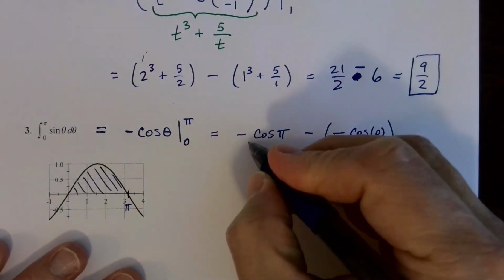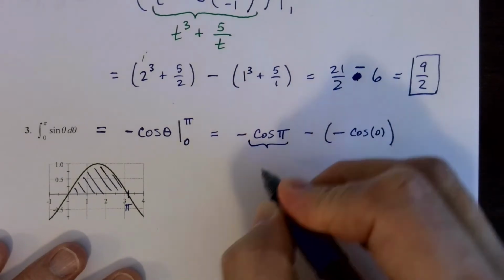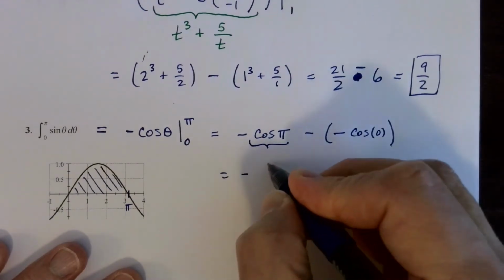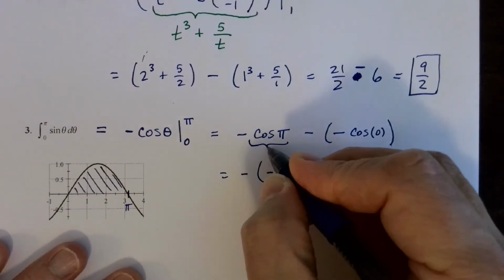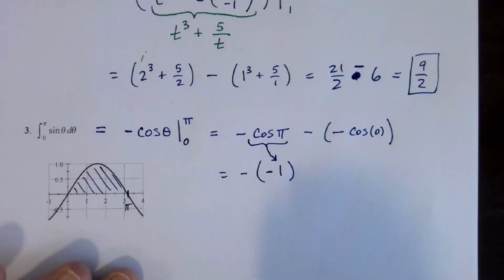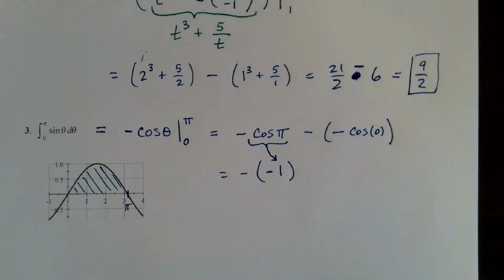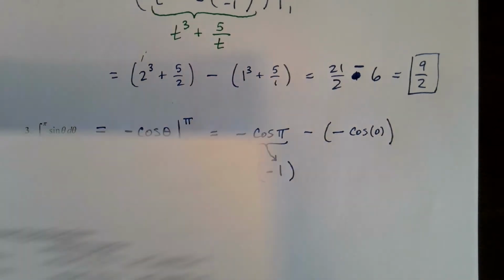Okay. Well, cosine of pi is how much? That is negative 1. And you're going to have to give me the exact value for sine, cosine, tangent, and so on. You can have a unit circle if you need to.